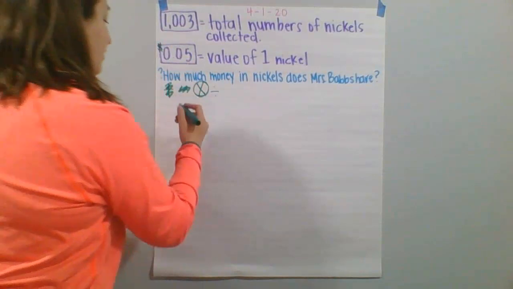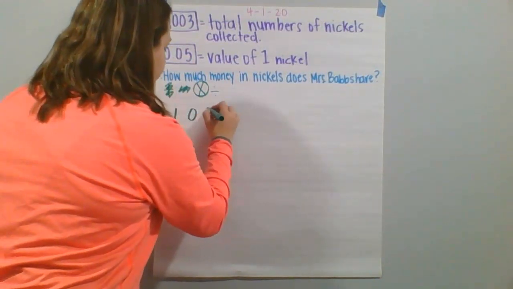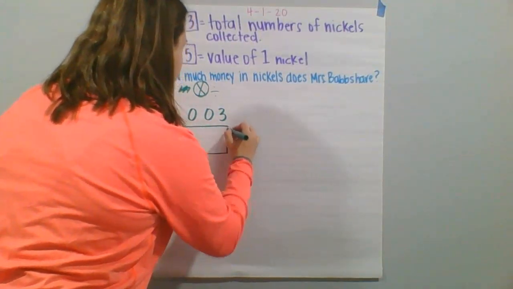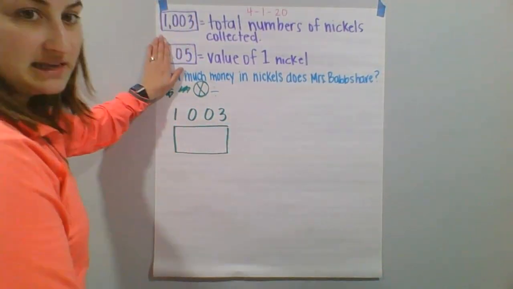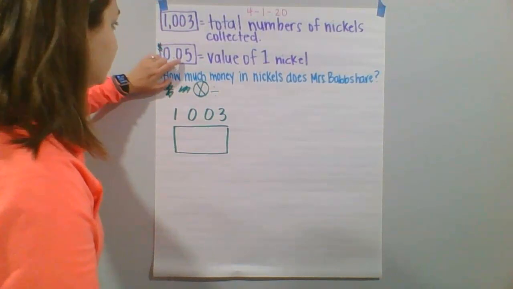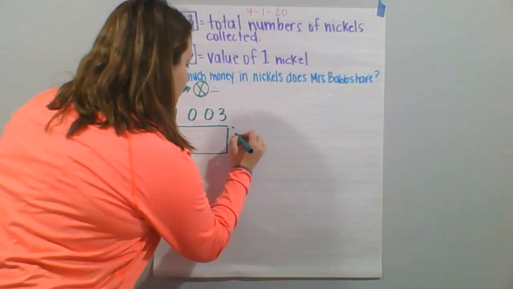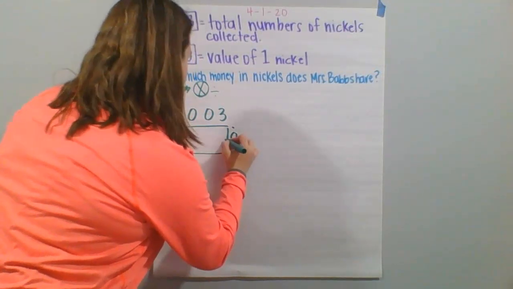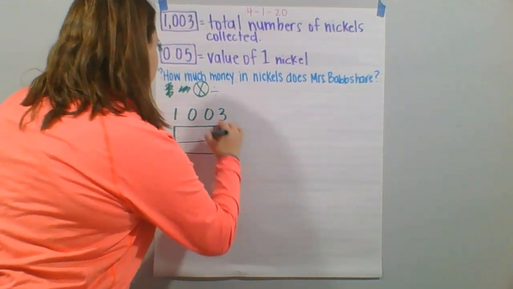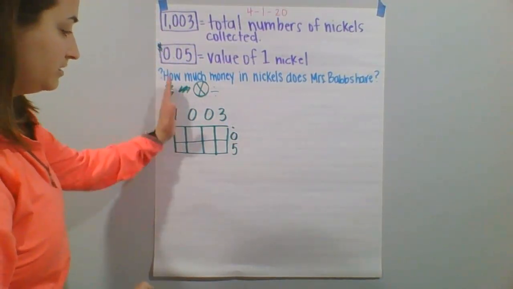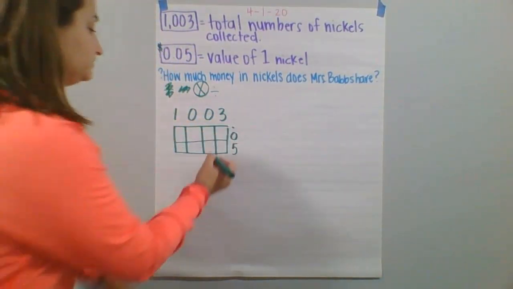I'm going to start with my 1,003 on top, create that box. I don't necessarily need this first zero. I do need the zero that's behind the decimal. So I'm going to put my decimal here, a 0 and a 5. Remember, each number gets its own column and its own row.